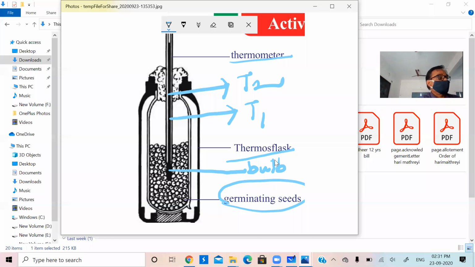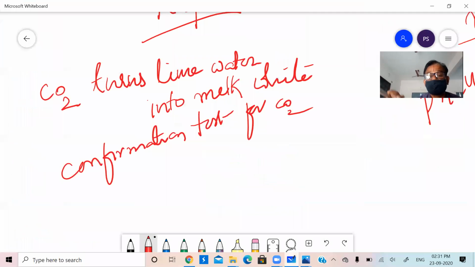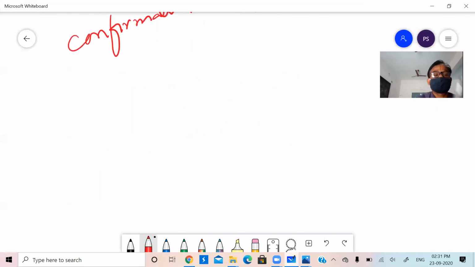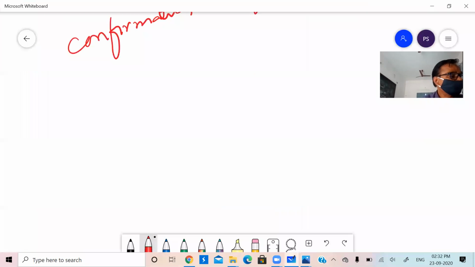See here, the equation form of respiration. C6H12O6, that is glucose, is the respiratory substrate. It utilizes oxygen.